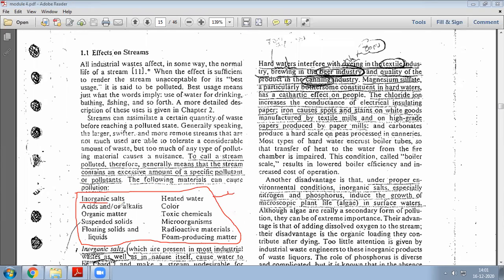First they start with inorganic salts. Then acid and alkali: if any acid and alkali are present in the river, what happens to rivers. In organic matter, what are all the causes. Suspended solids, what are all the causes to rivers. So like that they have explained.